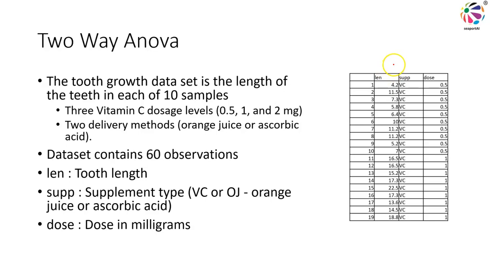This is available in the form of an Excel sheet, or CSV, comma separated values file. So I am going to import this file and I am going to use a library and do a two-way ANOVA analysis using Python code. That's what I'm going to do. Do you understand the difference between one factor and two factor?